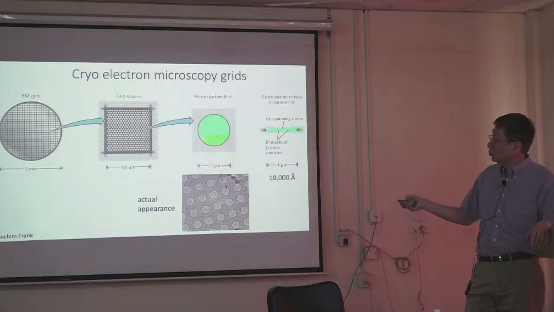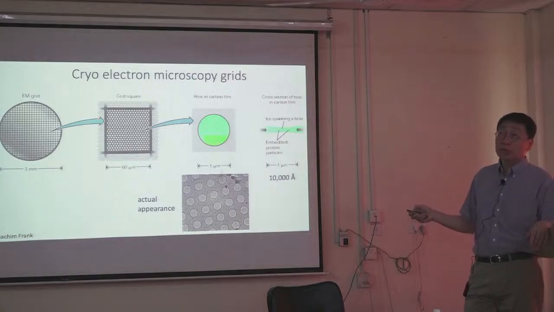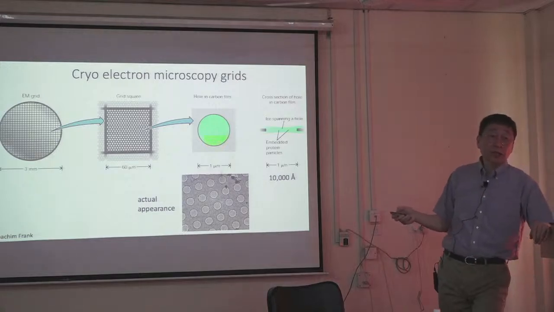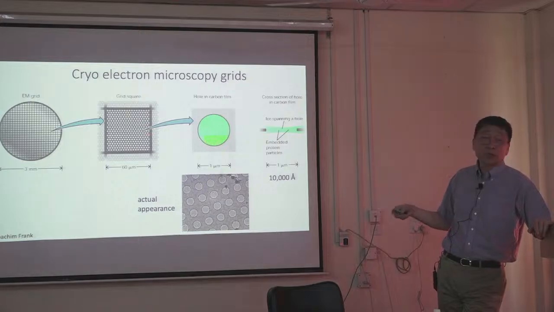If you zoom in a bit more, each one of these is one of the holes. One of these squares can have thousands of holes, and we typically go through only a few squares to collect our data. But you have to find the good squares where your sample is, then you collect images, and you do analysis to get your structure.